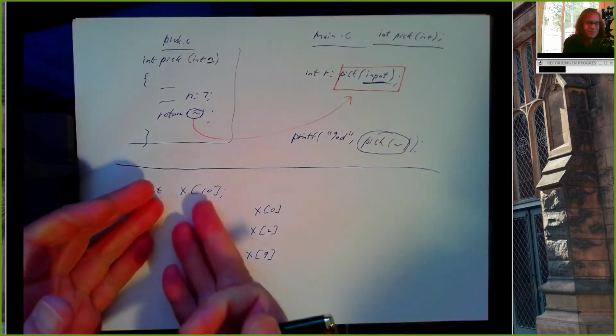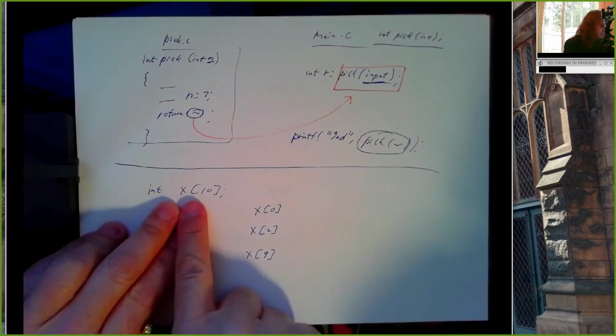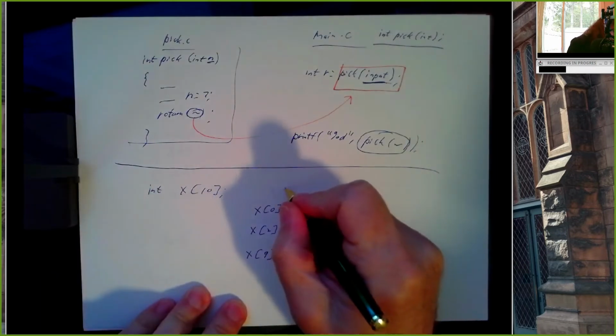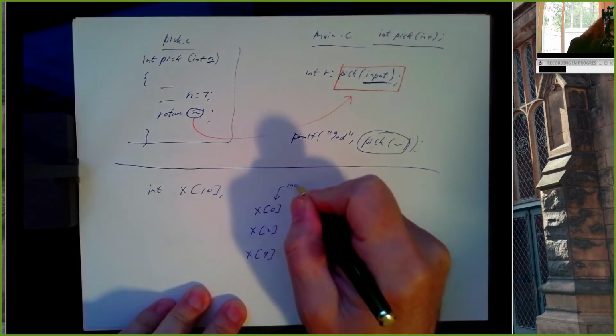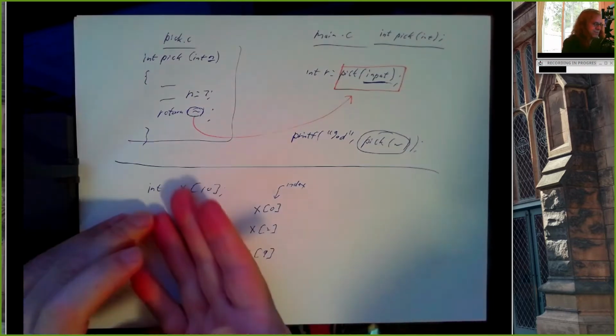I basically have 10 new variables. Each of these 10 variables is accessed by saying x bracket some number. This number is called the index. So x bracket 0, x bracket 1, all the way through x bracket 9. Those are 10 variables that are part of this array.